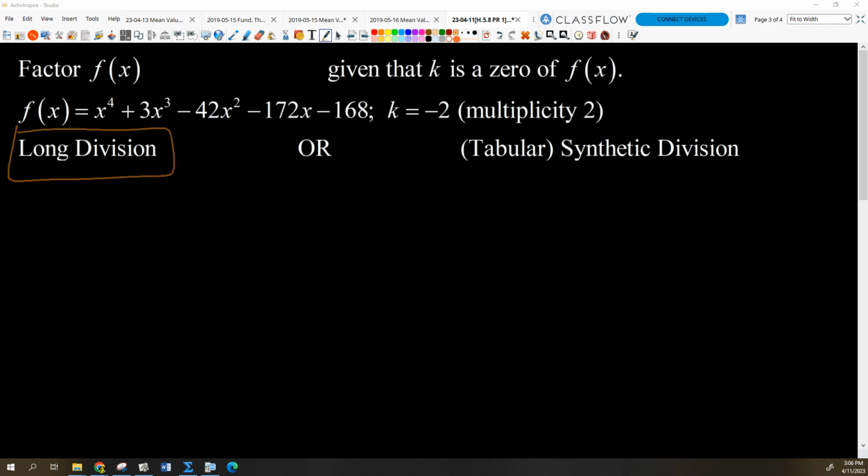So if we're going to do this with long division, then my original polynomial, x to the 4th plus 3x cubed minus 42x squared minus 172x minus 168 factors into what? What is this telling me right here, all this stuff?